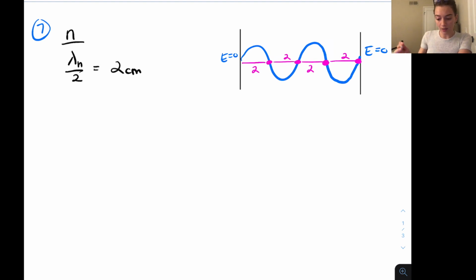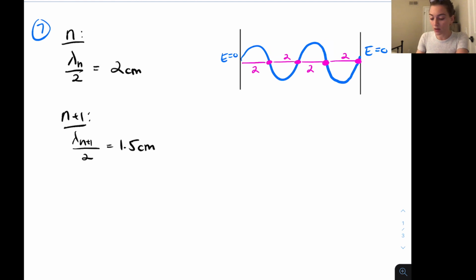Now for the next higher frequency, n plus 1, they tell us that now the spacing is 1.5 centimeters. So the wavelength is slightly shorter, because now you're fitting more half wavelengths into that same cavity. So now we have lambda n plus 1 over 2 is equal to 1.5 centimeters.